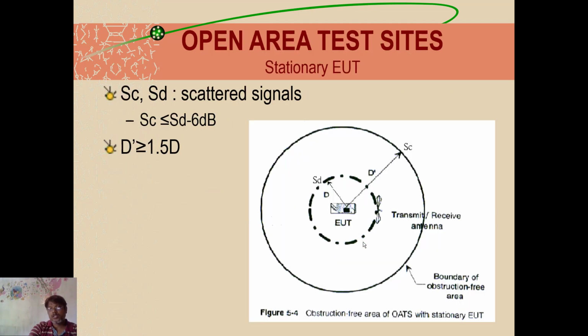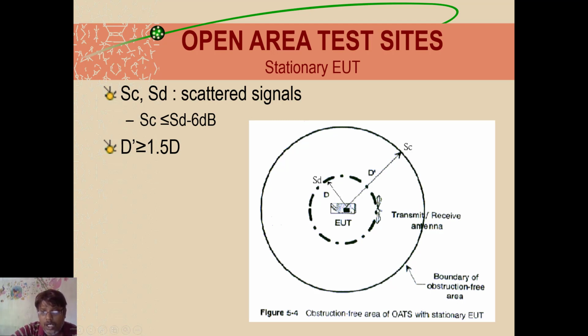Some other information, if you're keeping your test equipment stationary, is what measures you need to take care of. You can see the measured equipment has been kept stationary, and there are two circles.